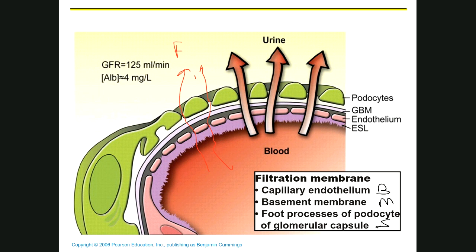So that means anything in blood smaller than the smallest holes is going to become filtrate. That doesn't tell you if it's good or bad. In fact, we have some good things and some bad things. It's only separated based on size, not anything else. Not whether it's good or bad or whether we want to keep it or get rid of it. It's only based on size.